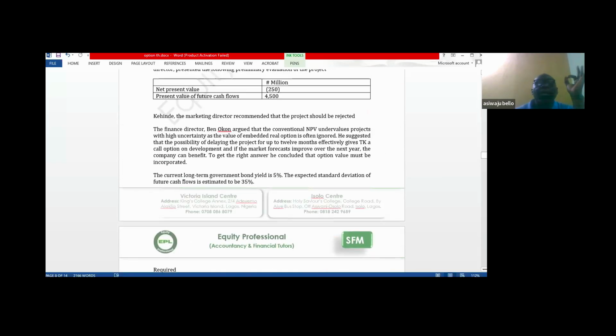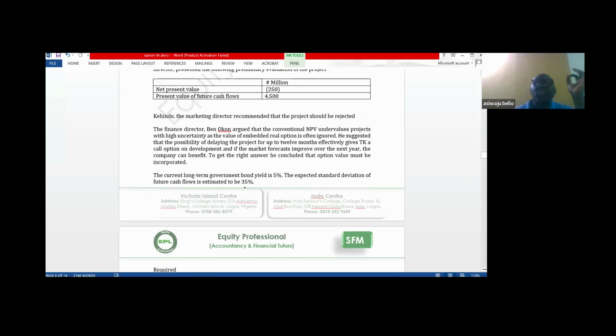The current long-term government bond yield is 5%. The interest on government bond is the risk-free rate.